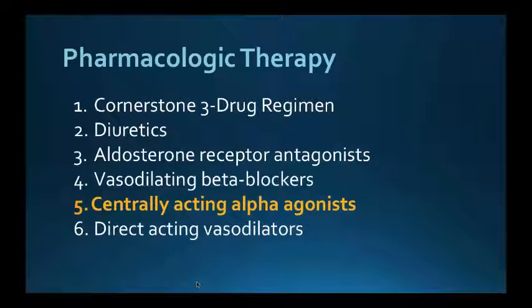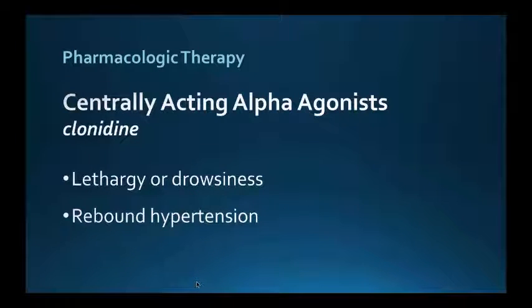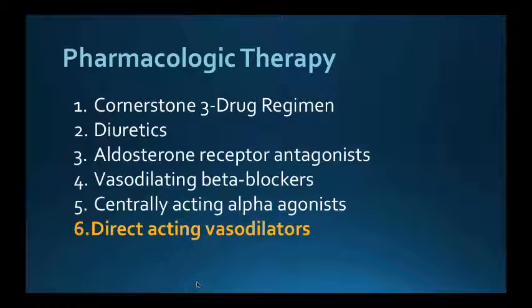Centrally acting alpha agonists can also be tried, such as clonidine. The main disadvantage of that is the lethargy or drowsiness that's poorly tolerated by the patients. And also, of course, you'll have to warn the patient about the possibility of severe rebound hypertension if he stops his clonidine abruptly after having been on it for a while.